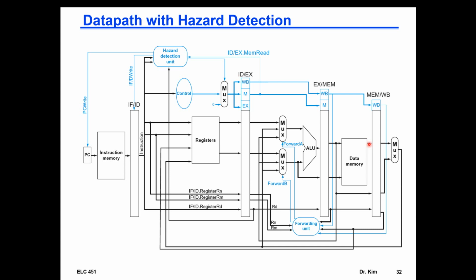At that point, the normal forwarding mechanism takes over, and I'm able to forward from this stage, from the output of the memory, right back to the pipeline stage boundary.